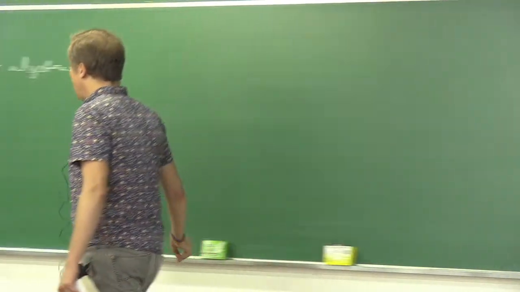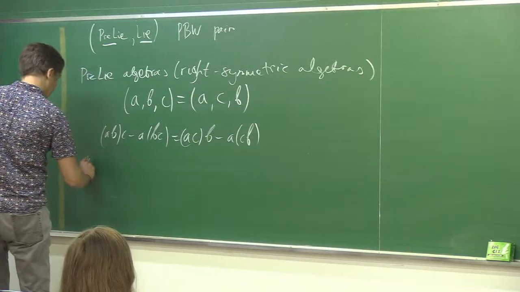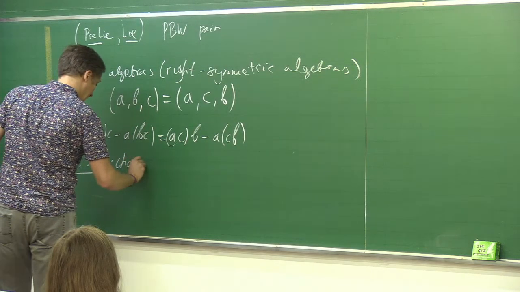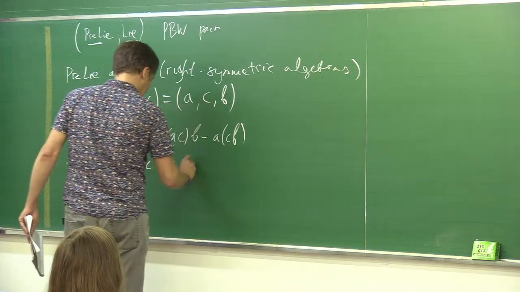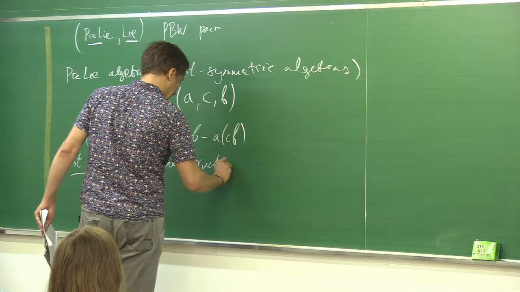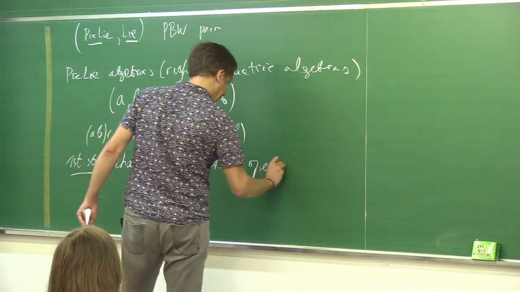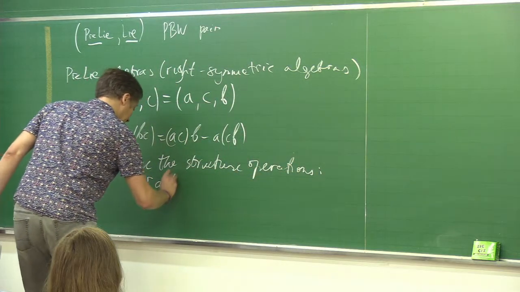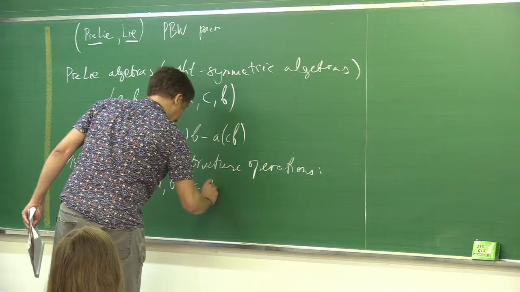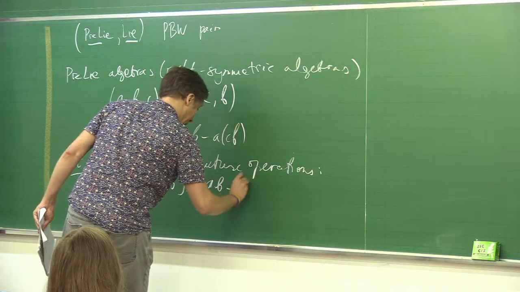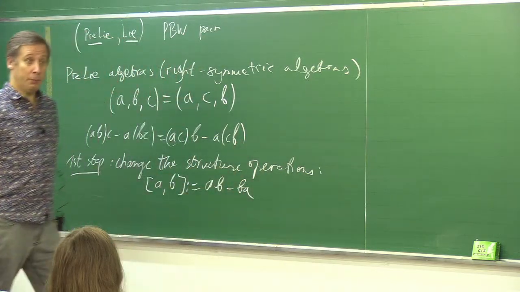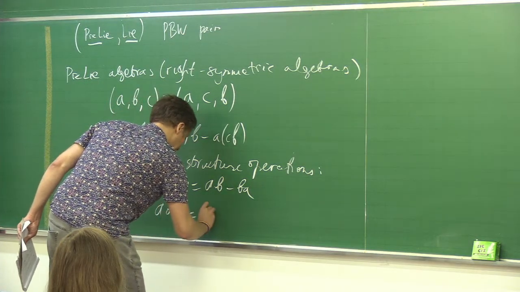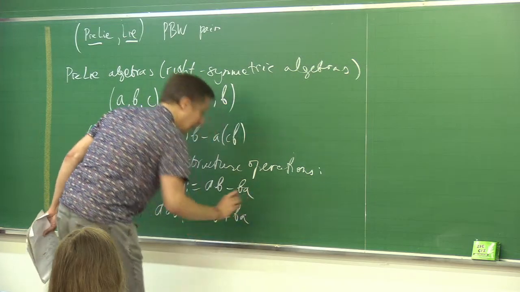So the first step, I change the structure operations, meaning that I am going to consider the bracket AB minus BA and the symmetrized product AB plus BA.